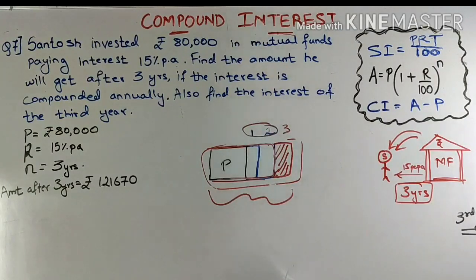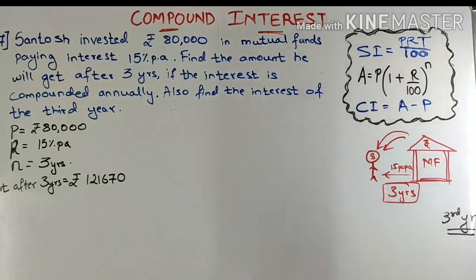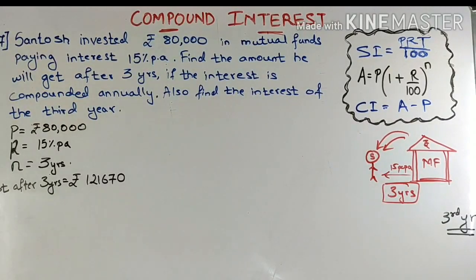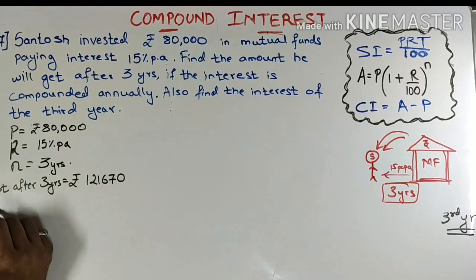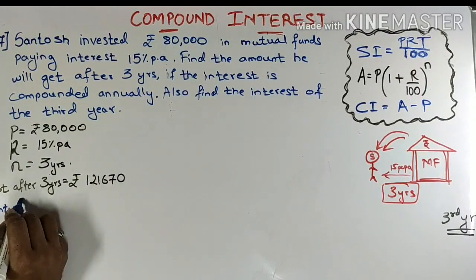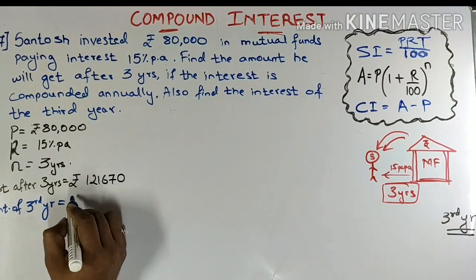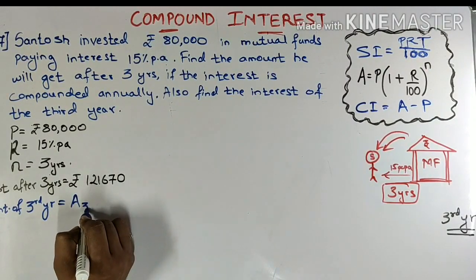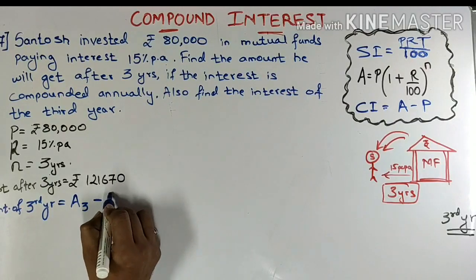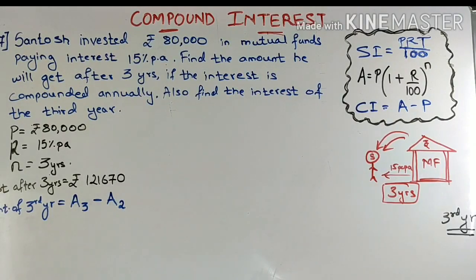Okay, so let's move ahead. So I frame an equation over here that interest of third year is equal to amount of 3 years minus amount of 2 years. For that we will need to find the amount at the end of 2 years.